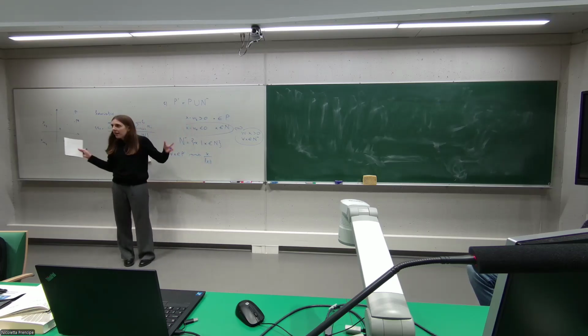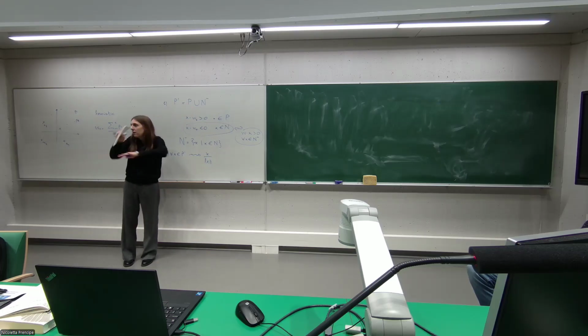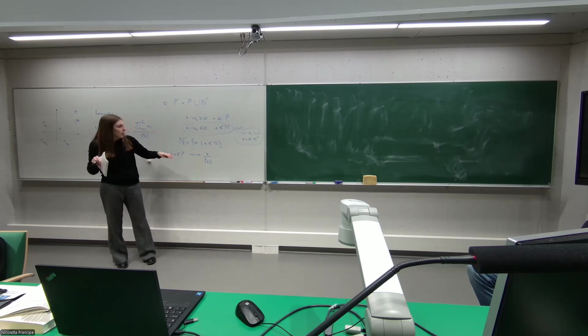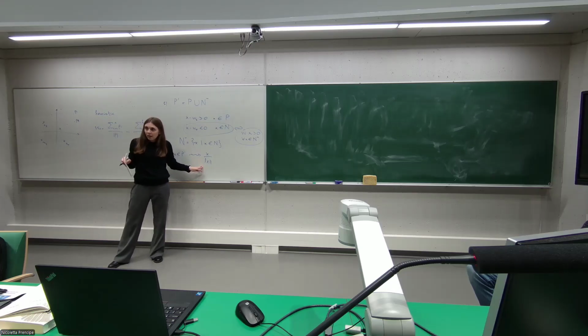Instead of taking random vectors as positives and negatives, in this case all of them are positive. All my negatives, I switch them to the positive side. I take them as having norm 1. Why do I do that? Why can I do that?